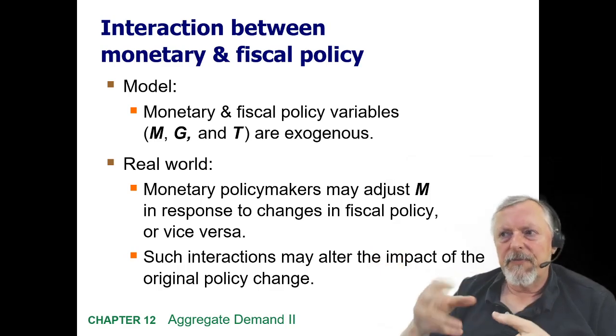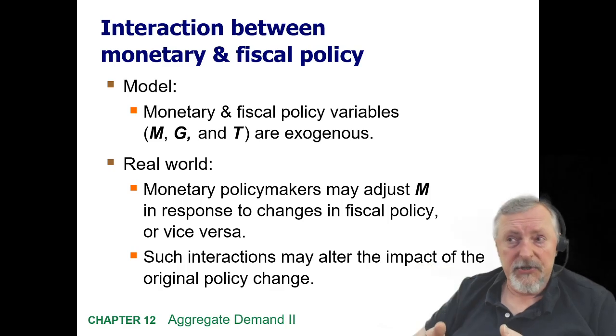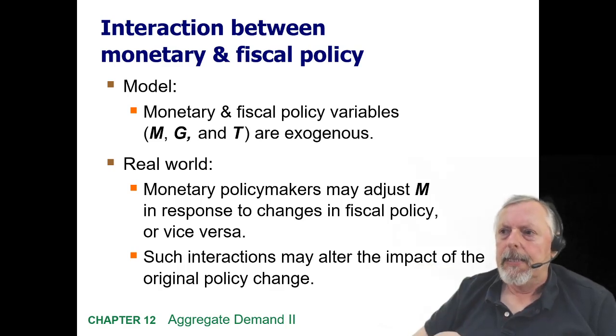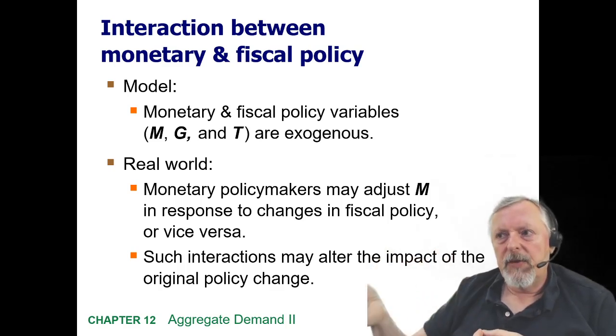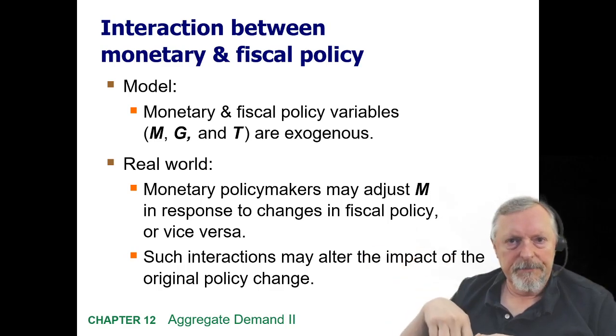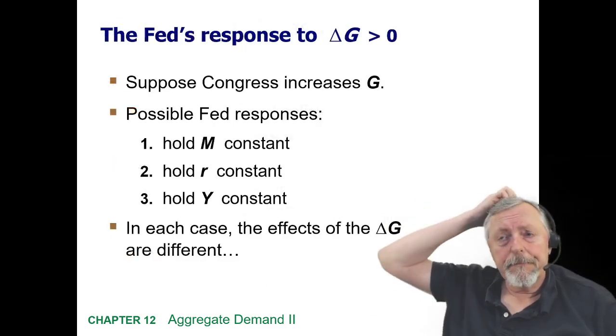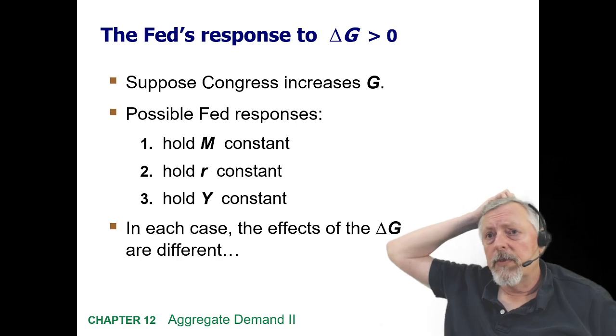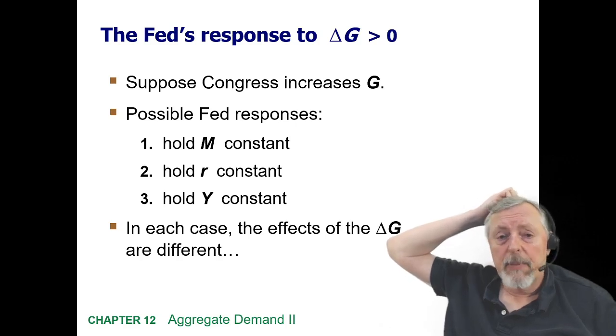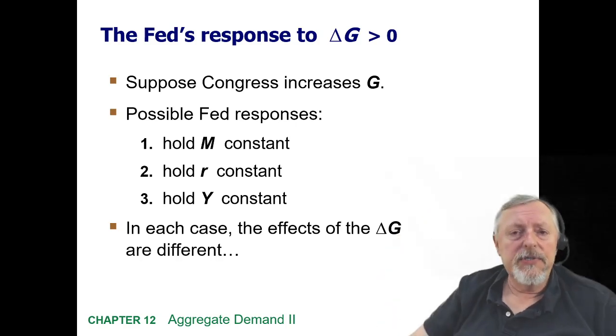So the ultimate effect of a fiscal policy change, for example, would depend on how the Fed would react to that change. Let's look at an example. If I can make the page move. Okay. Let's assume that the fiscal policy change is an increase in government spending.